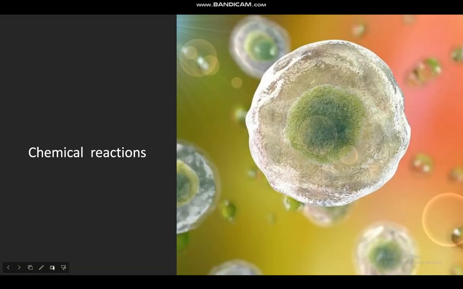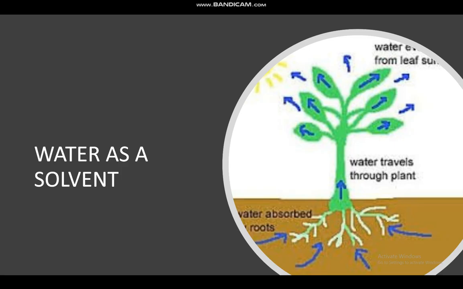Water is very important for the chemical reactions inside the plant. Photosynthesis is also a chemical reaction, and other processes occur inside the plant, such as water as a solvent. Water is a universal solvent and dissolves almost all solutes.